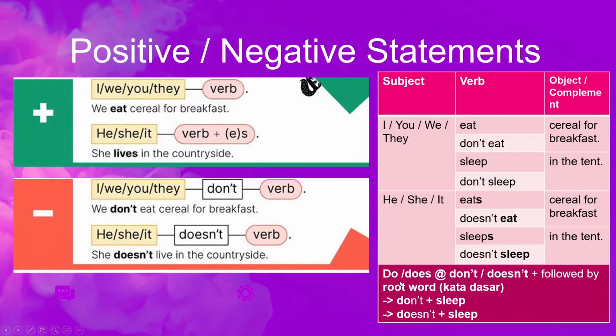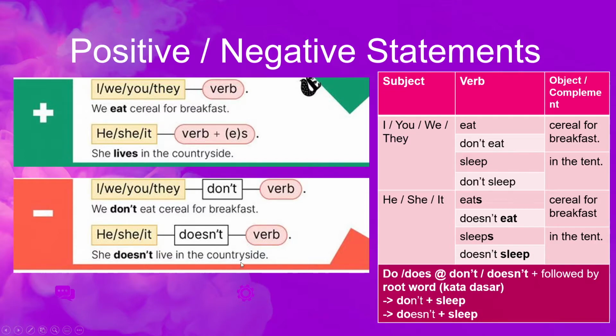Whenever there is a do, does, or don't, doesn't, the do auxiliary, it has to be followed by the root word, kata dasar. So don't sleep, doesn't sleep. Kita tak kata doesn't sleeps, salah, because we already give the s to do and does. Kita dah bagi s dekat does, so the verb at the back, sleep, is without the s. It has to be in root word, kembali kepada kata dasar.